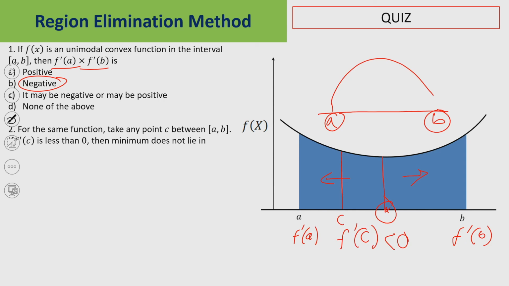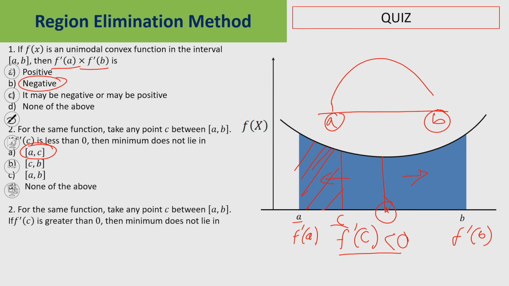Then the minima does not lie between AC, CB, AB, or none of the above. In this case the derivative at C is less than 0, so the optima is not there in this particular region. You can eliminate that region. Therefore, the answer here is AC.